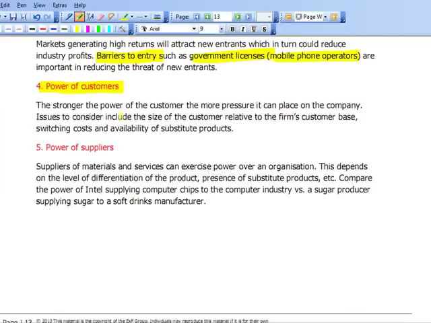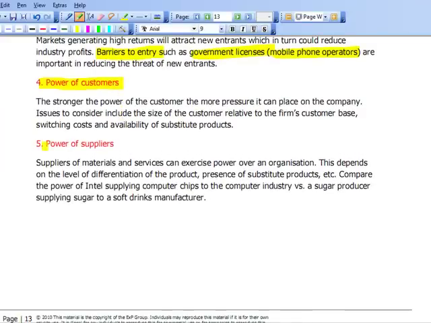Let's look at the power of suppliers. Now, suppliers of materials and services can exercise power over an organisation. Obviously, the power of the supplier depends on the level of differentiation of the product. And hopefully the example we've got here will clarify it.